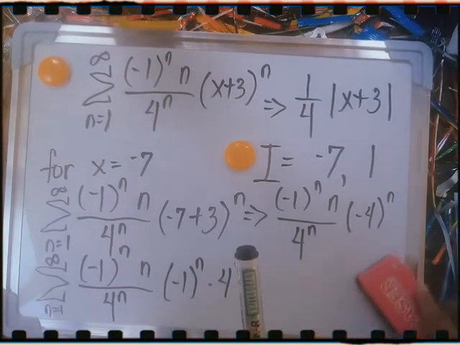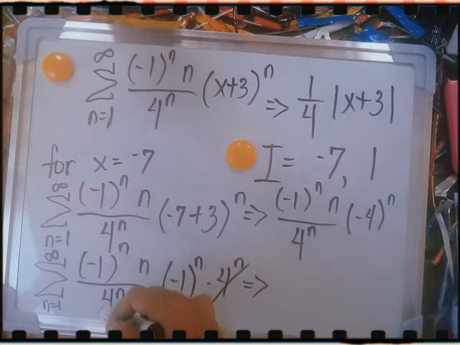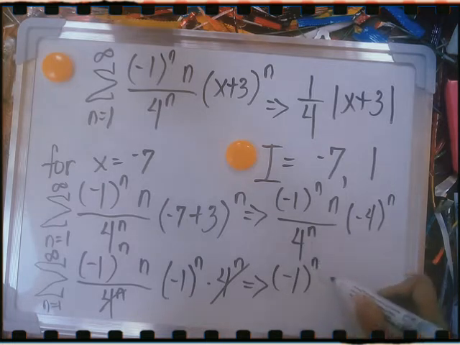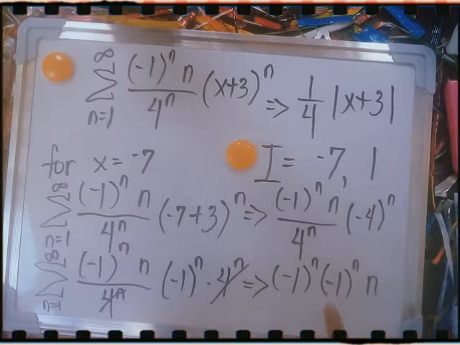Let's erase this. We have cancel the 4 raised to n. And ang natira sa atin is negative 1 raised to n times negative 1 raised to n times n. So, dito, itong negative 1 raised to n and negative 1 raised to n, ang magiging value niya is negative 1 raised to 2 times n, which will be equal to 1.